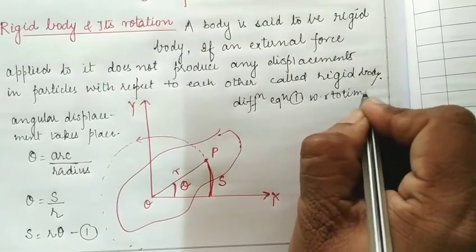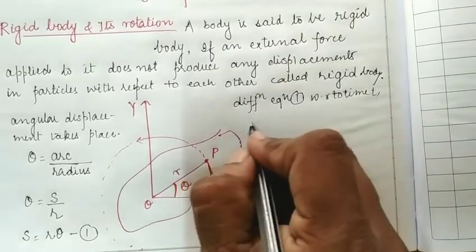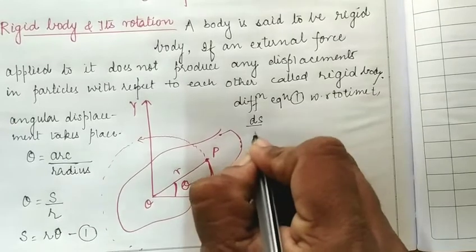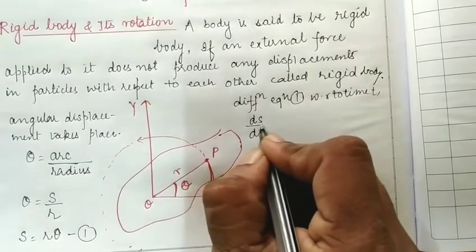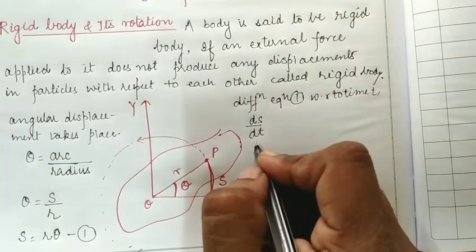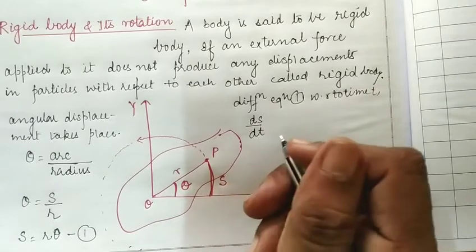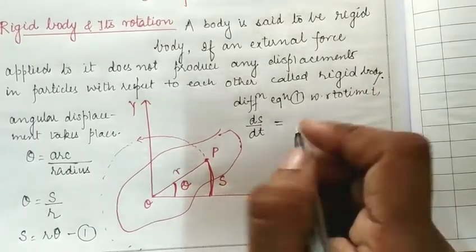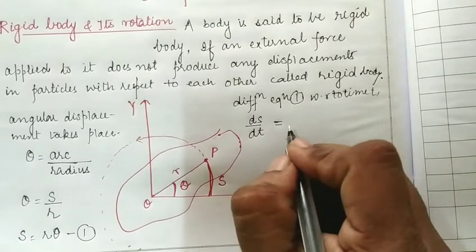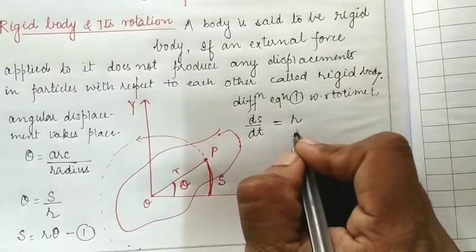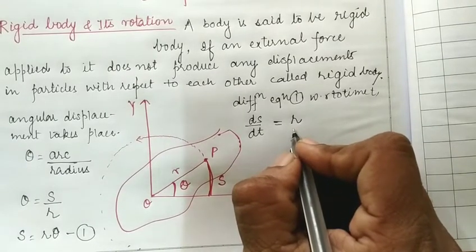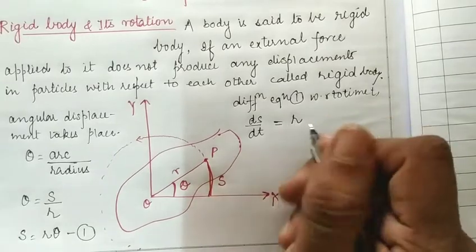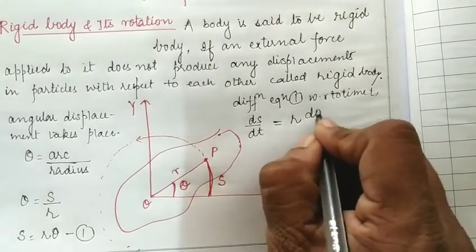Okay students, with respect to time t, what will we get? So ds upon dt, the change in distance with respect to change in time, will happen here, and r, the radius for a circular path, will always be constant, so it will be treated as a constant quantity. What will change is d theta upon dt.